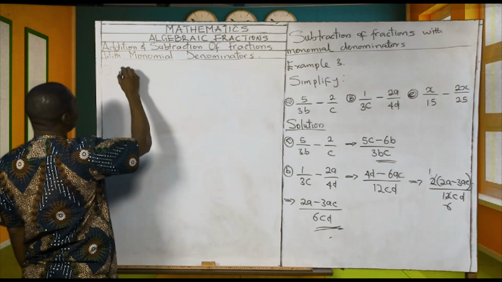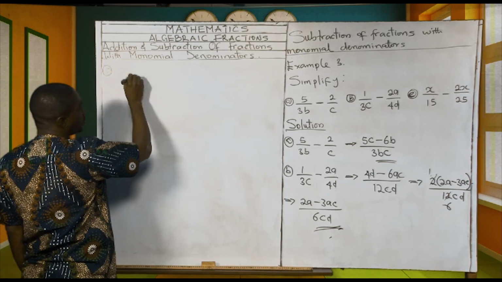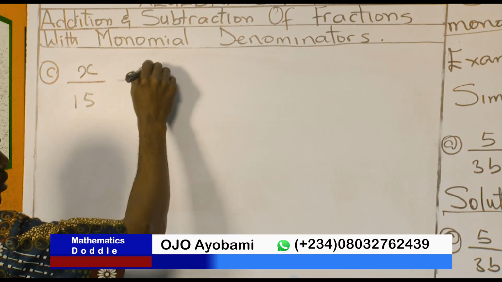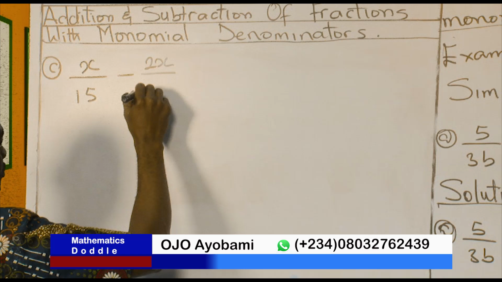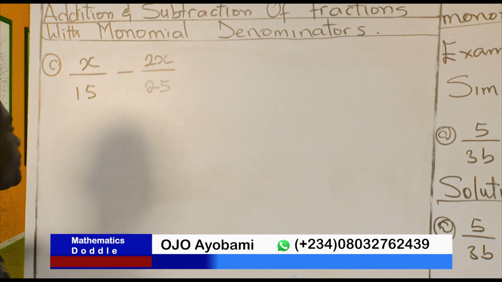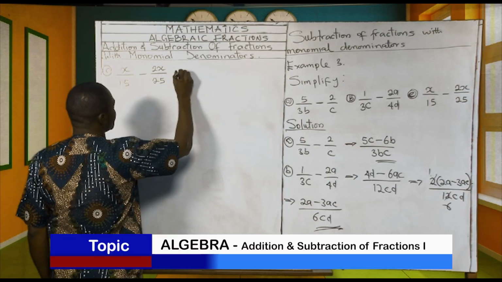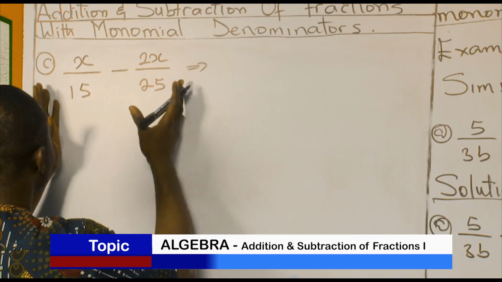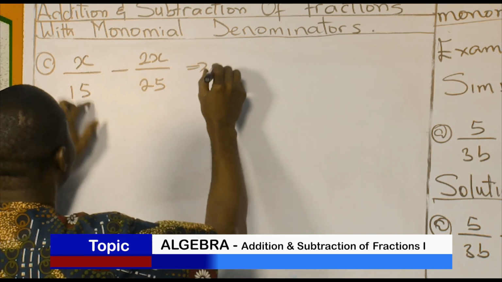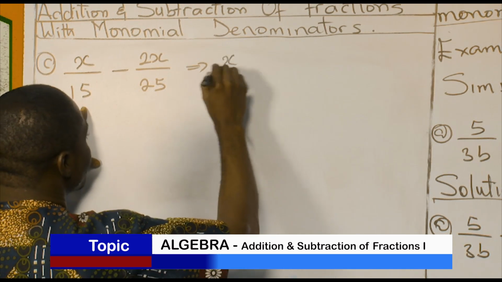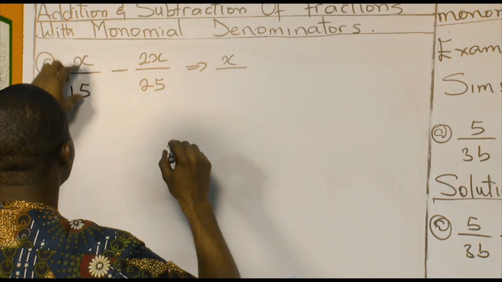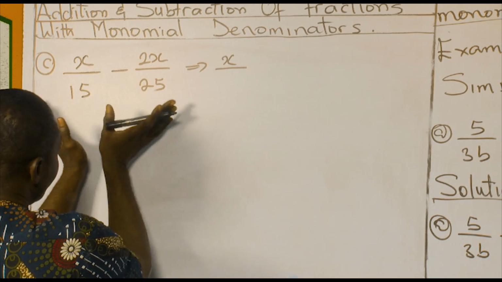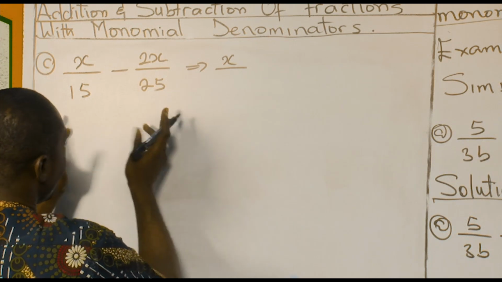Question C, we have x over 15 minus 2x over 25. We don't have common denominators. Now I can re-express this to find the equivalent fraction of this fraction and this fraction, in such a way that they are going to have common denominators.